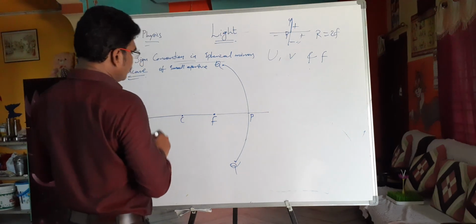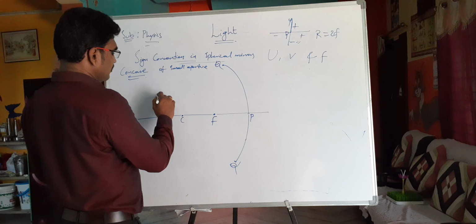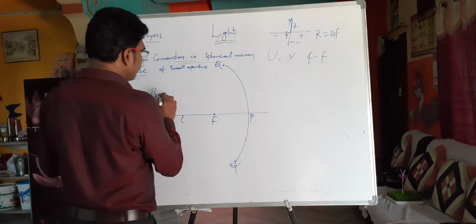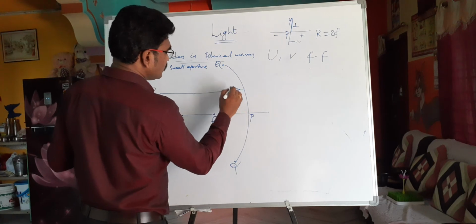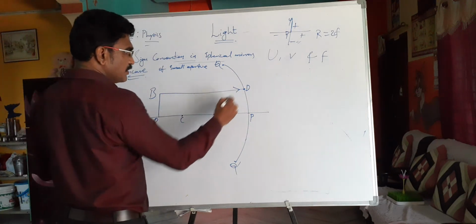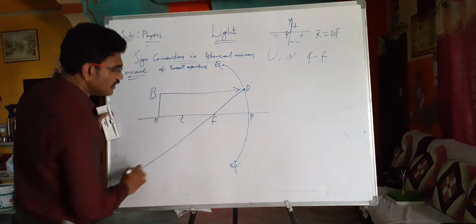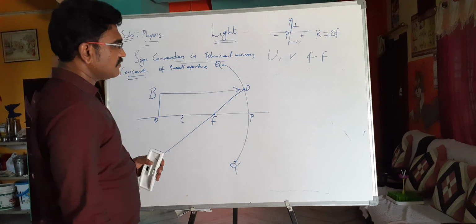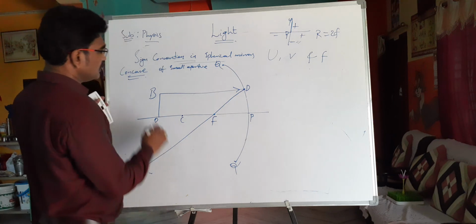Now I want to take an object. The object is OB. Now I have drawn an incident ray, BD. BD is one incident ray parallel to the principal axis, and it will pass through the principal focus. Another one I will take.